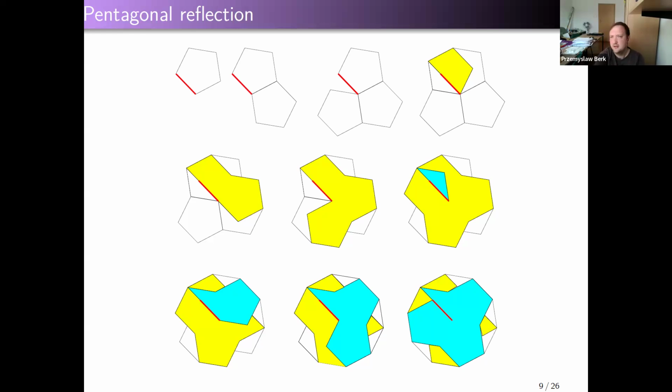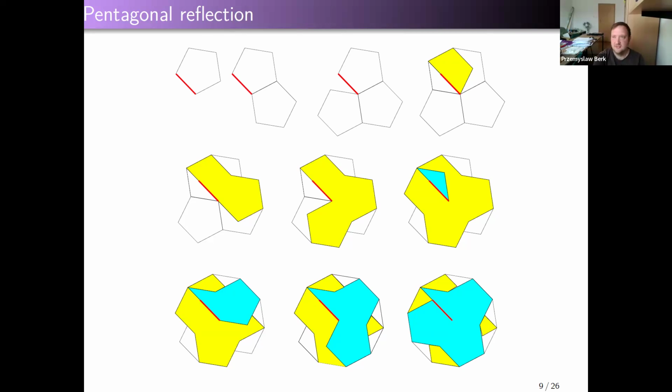in the third picture, you can see that we didn't do one full rotation. We did almost a full rotation, but we don't care about it. We reflect another pentagon, and then we obtain this yellow trapezoid.